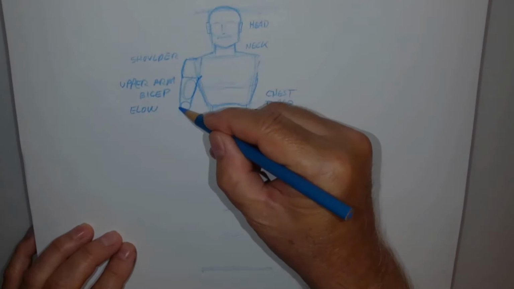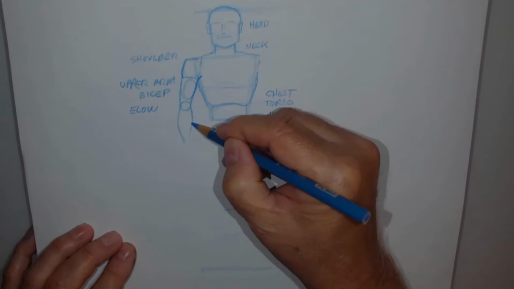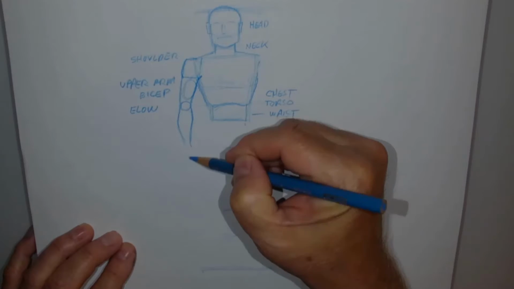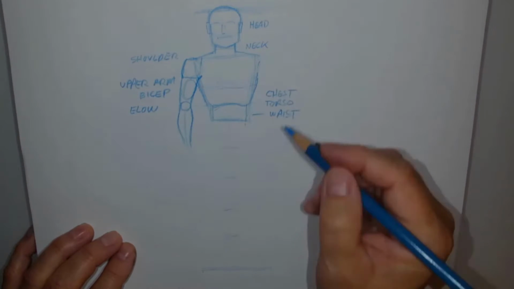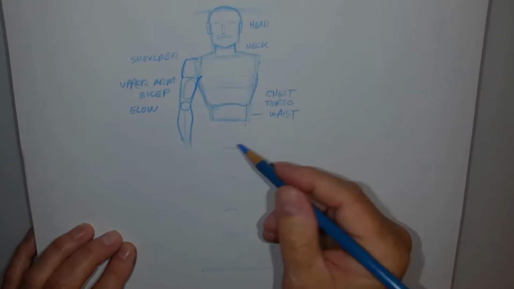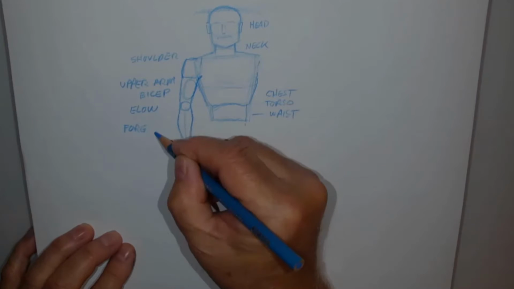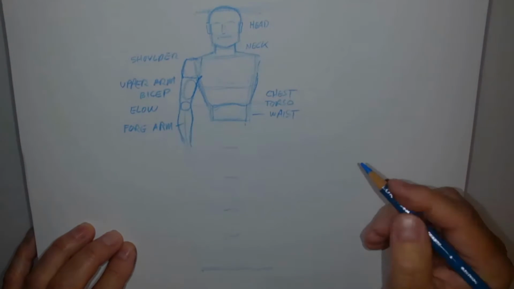Then we have an extension to that arm. And I've just got some, indicating some muscle mass here and even the curvature of the bone that works there. And this is the forearm, is this area here.